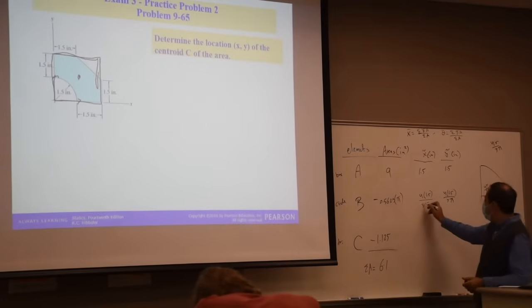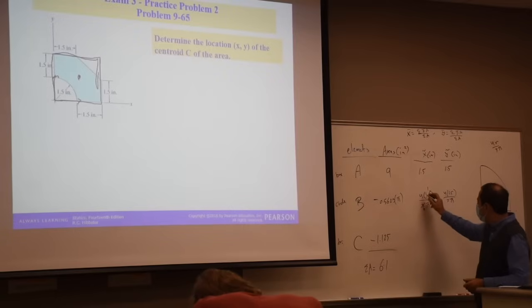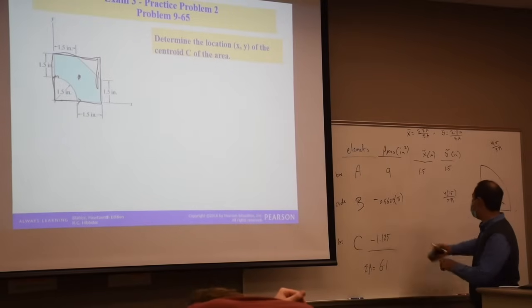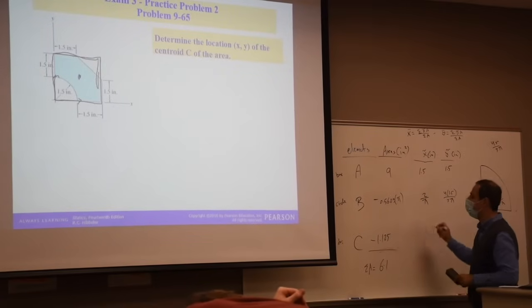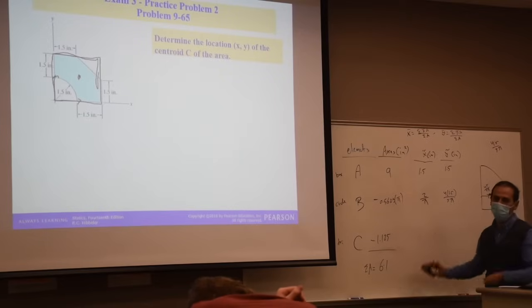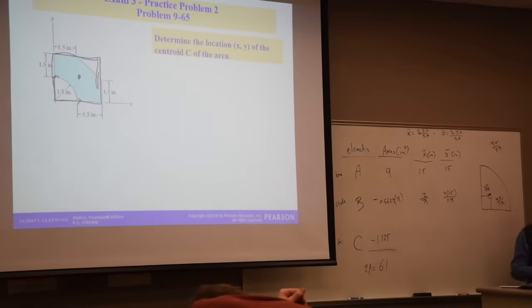If you simplify that, you get 2 over pi. I will keep it this way just in case you want to look at it later on.